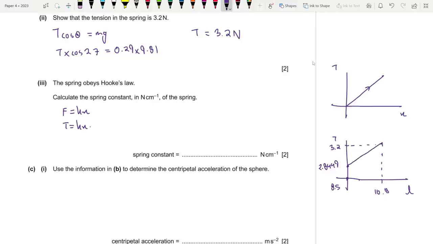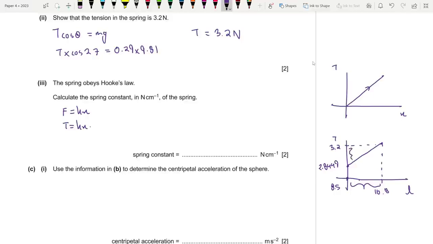Mainly remember that the spring constant is the gradient of the F against x graph, or the F against L graph. But you have to ensure that you take the extension. Make sure that you don't take the length or else you will get a wrong value. So what is the change in tension?